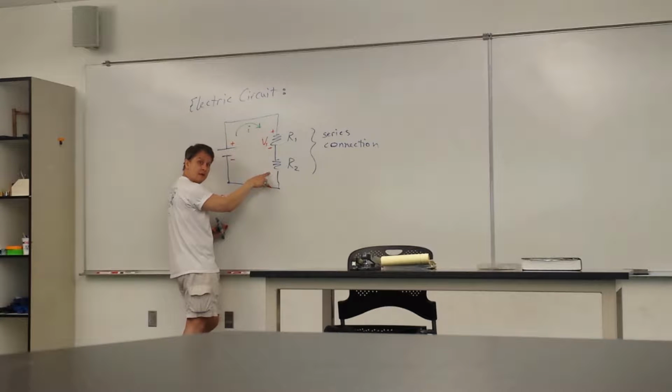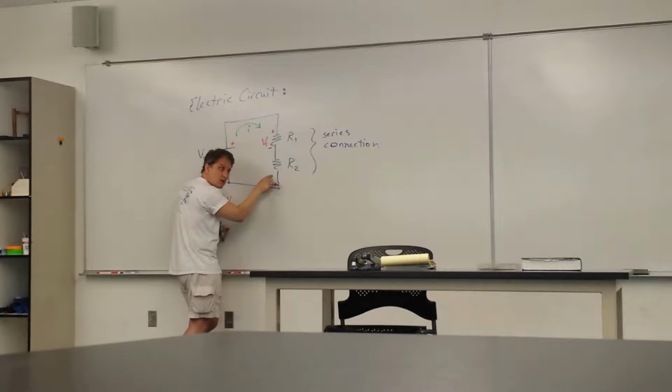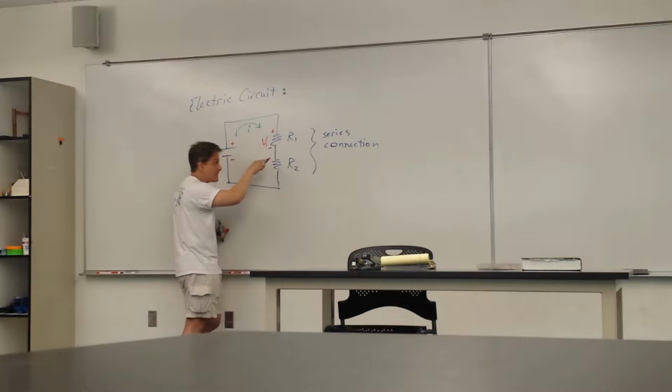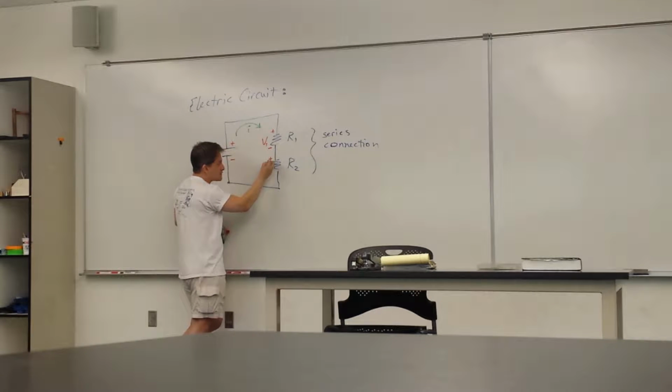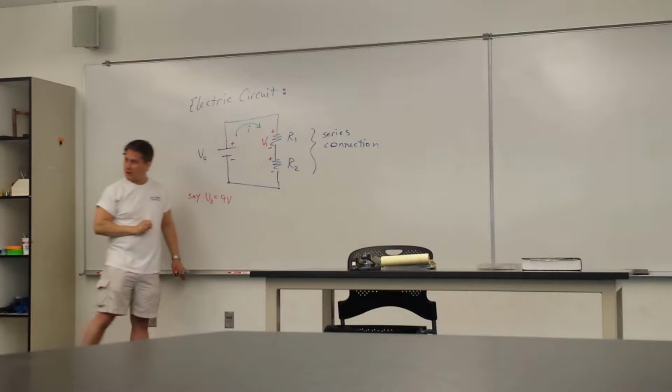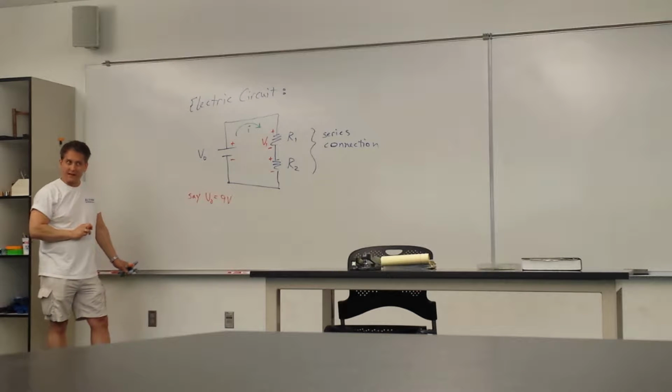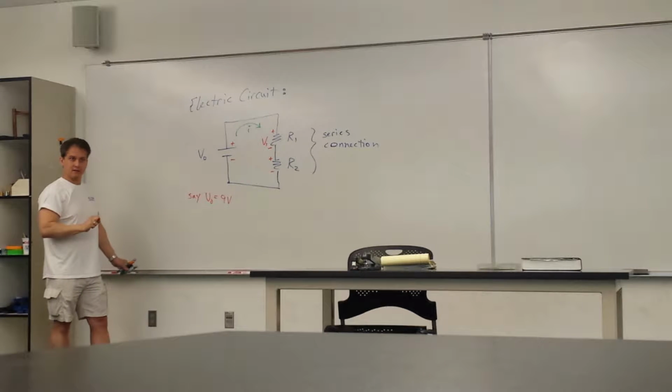And there's work and there's energy transformation, which means that it's going to have less energy when it gets down here than it had when it was up here. Where does that energy go? Well, that's the heat that's generated as you push this thing through. So there's a corresponding voltage drop across that second resistor.